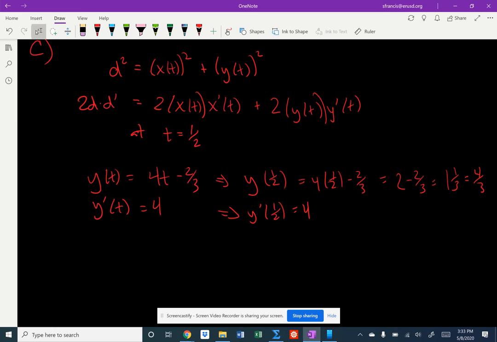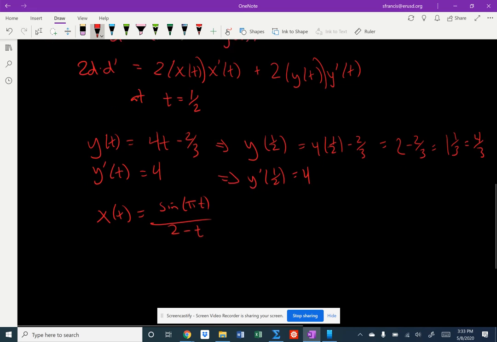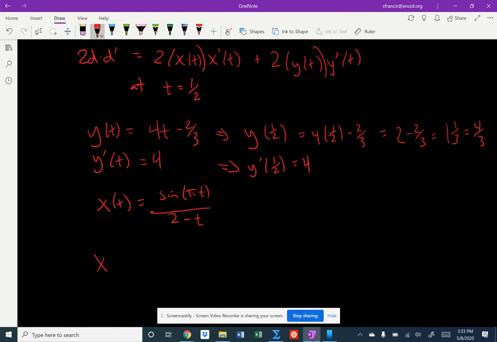What else do I need? I need to know x. So let's see. X of t is still this sine pi t over 2 minus t. And then x prime we had up there, which I don't really want to rewrite, so I'm not going to.